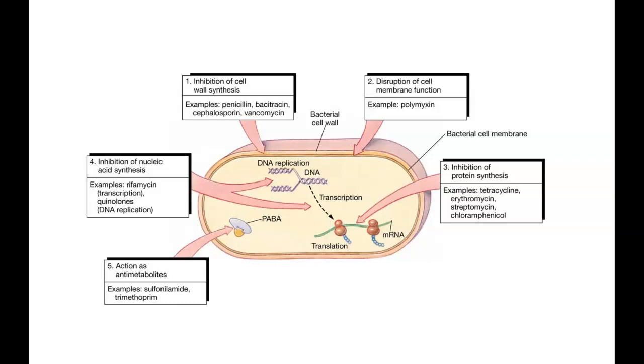Some will be those aminoglycosides, so interfering with protein synthesis, like erythromycin, streptomycin. Some will inhibit nucleic acid synthesis, so the ability to replicate that DNA. And some will stop or slow down metabolism by acting as those anti-metabolites, like those sulfa drugs.